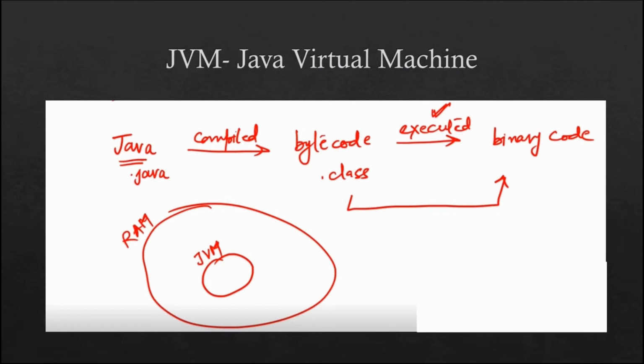That execution part is basically done by the Java Virtual Machine. So that's what the Java Virtual Machine is. As you can see over here, this process from bytecode to binary code is done by the Java Virtual Machine. And like I mentioned, it's quite platform independent.